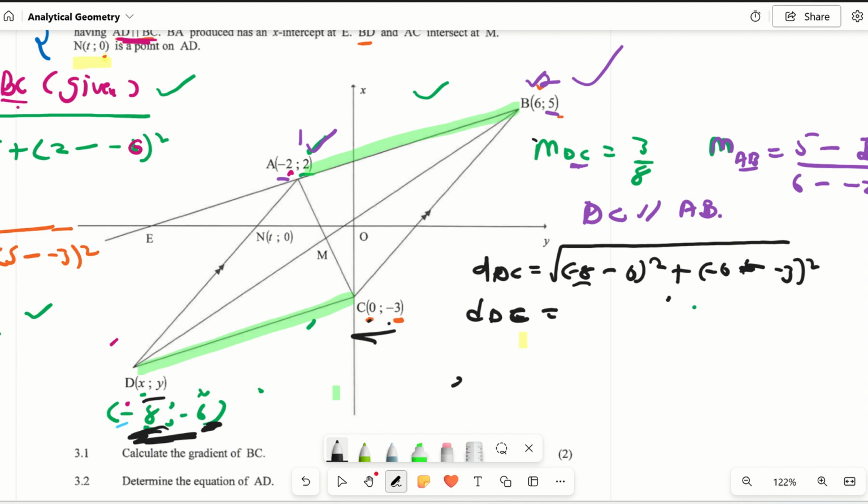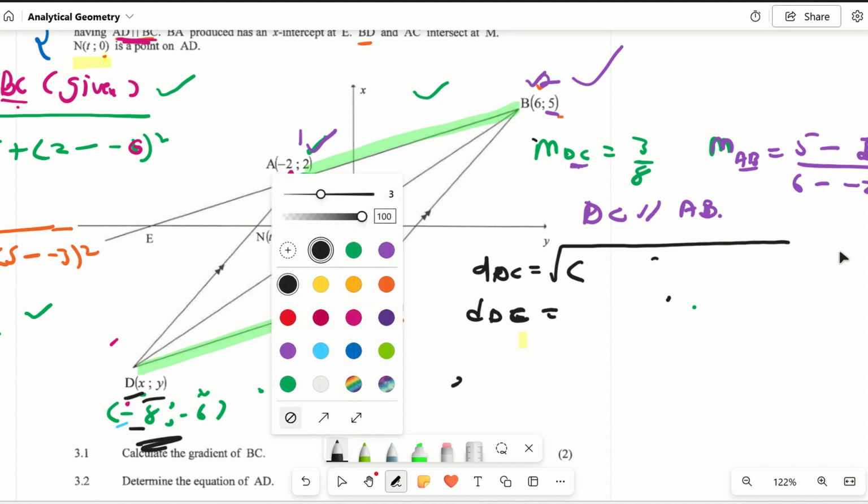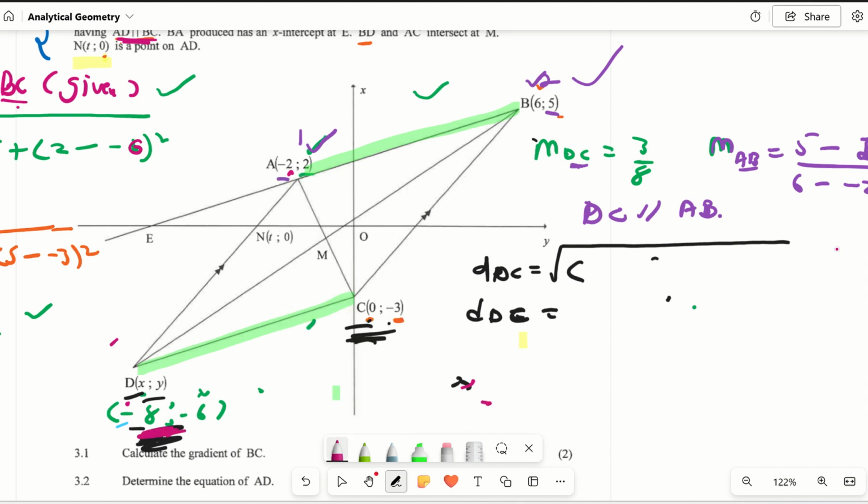Oh, no, no, no. I think I didn't substitute correct. So I'm dealing with the distance of DC. I'm taking this as my 2's and these as my 1's. X2 will be minus 8 minus X1 is 0 squared plus Y2 is minus 6 minus Y1, sorry, it's minus 3 squared.